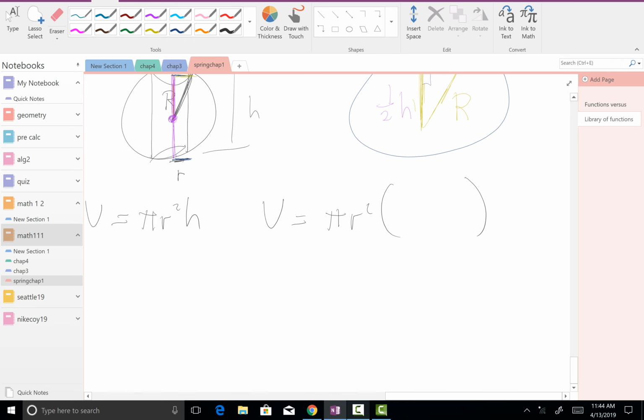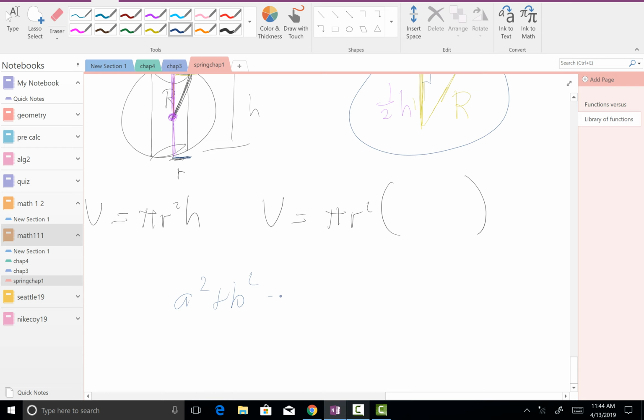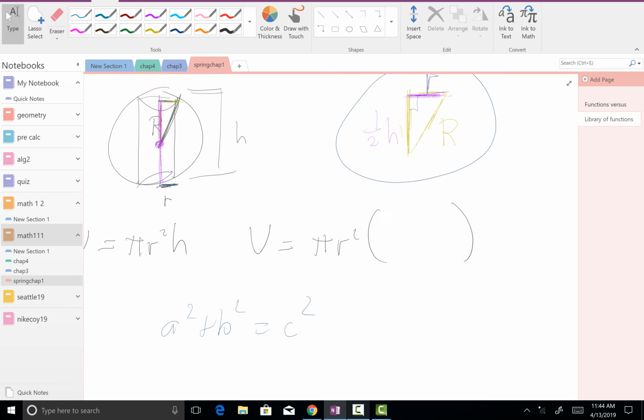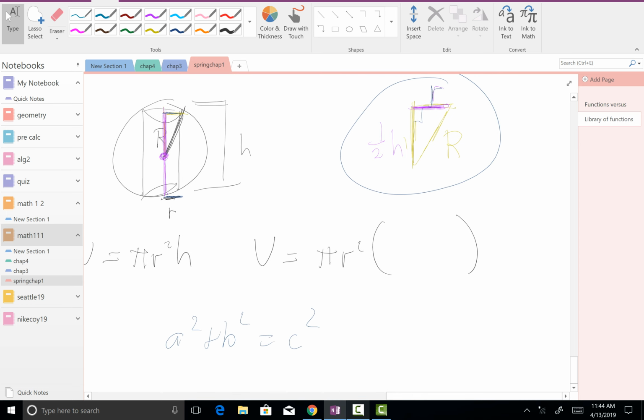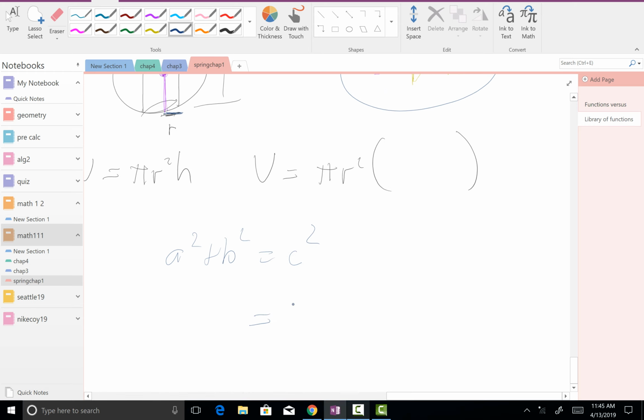Since this is a right triangle, you're most likely familiar with a squared plus b squared equals c squared from your mathematics career someplace along the line. That works in a right triangle. So C is always opposite that 90-degree angle, so I want to put a big R there.